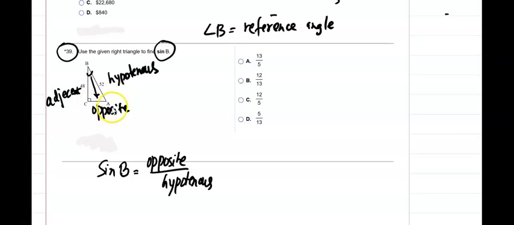So I'm looking for the opposite here because I don't know it, and sine is opposite over hypotenuse. To find the opposite, you use the right triangle and the Pythagorean theorem.